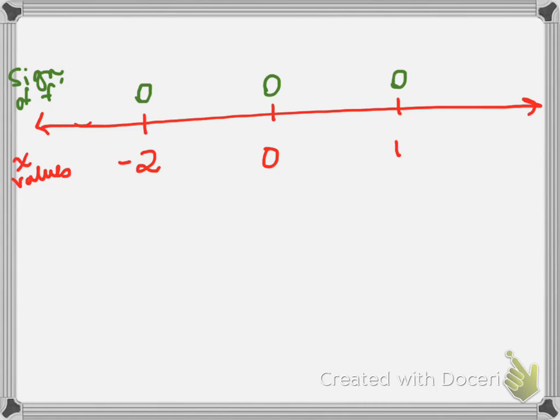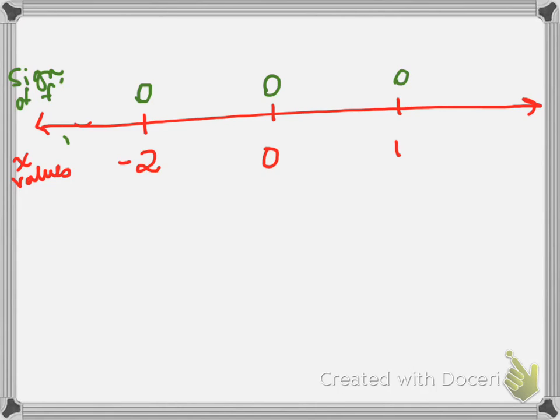The only way for the first derivative to change sign is if it either goes through 0 or the first derivative doesn't exist, because this is continuous. So in each interval, I'm going to have the exact same sign of the first derivative.